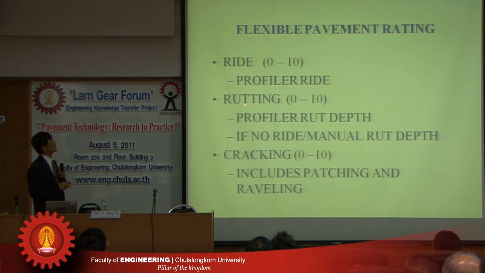It also rates rutting quality. If we have a 10, it means there's no rut at all. 0 would be the worst you can have. And also crack rating. Okay, 10 would be a perfect condition with no cracking at all, and 0 would be the worst possible condition.